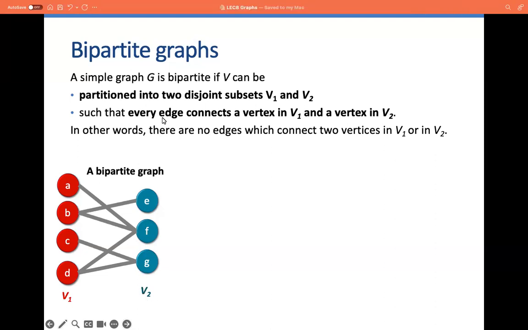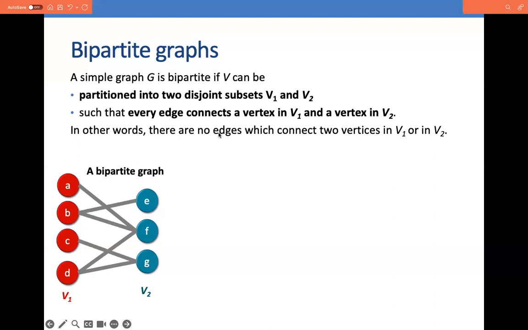And then we also said that every edge connects a vertex in V sub 1 and a vertex in V sub 2. If we check each of the edges here, we see that these are connecting vertices that are part of V sub 1 and V sub 2, but not vertices that belong to the same partition.